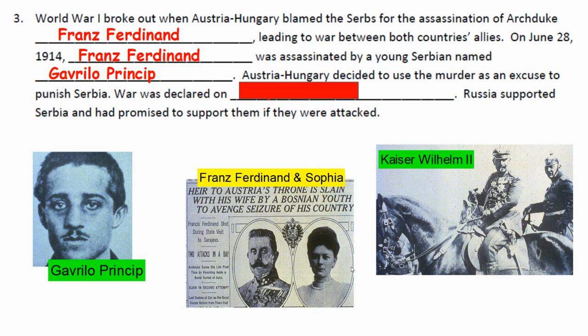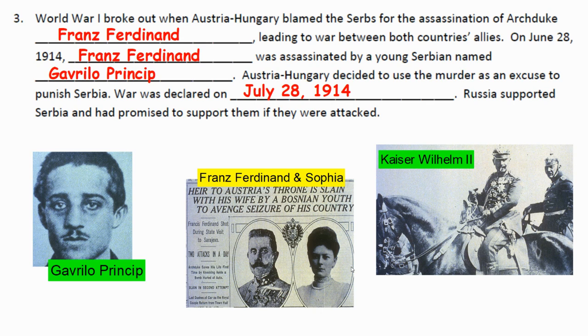As a way to get revenge, Austria-Hungary gave an ultimatum to Serbia. Serbia had been allied with Russia, so in a way they were picking on Russia, and they had 30 days to figure this all out. In the end, on July 28th, 1914, nothing had happened, and thus Austria-Hungary declares war on Serbia.